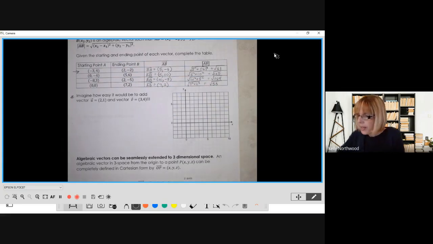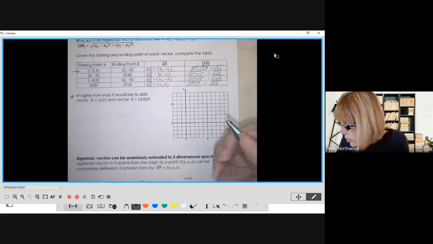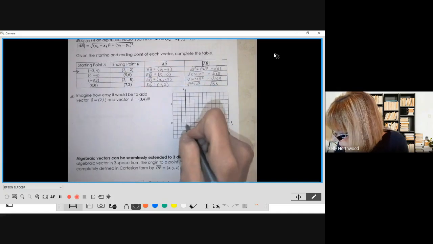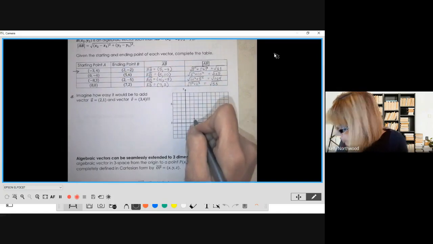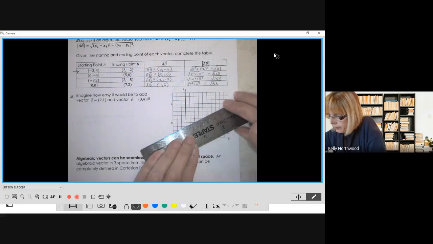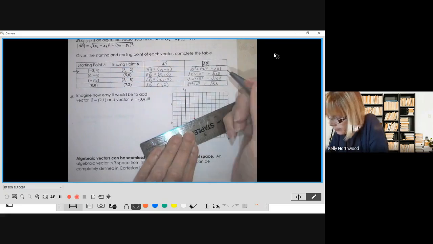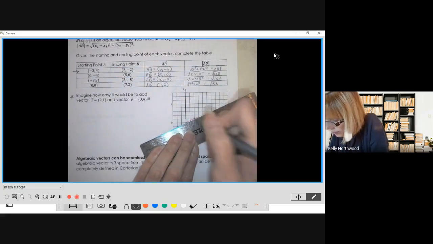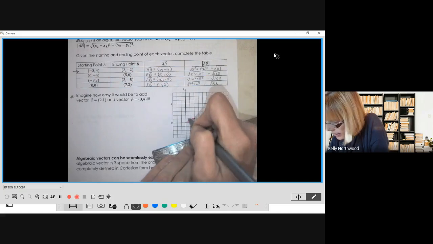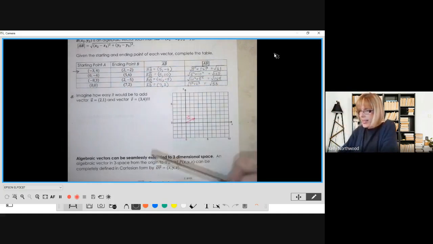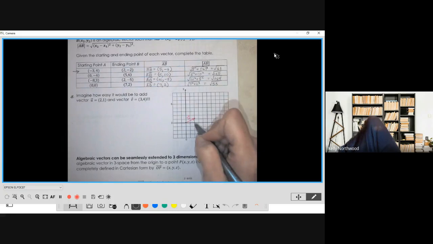So if vector u is the vector 2, 1, it means it starts at 0, 0 and ends at 2, 1. This is really cool. Pretty exciting. I hope you find it exciting too. So there's my vector u. I'm going to draw my vector v, which is 3, 4. So starts at 0, 0 and ends at 3, 4.